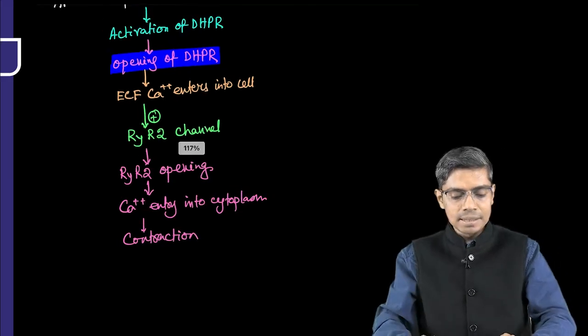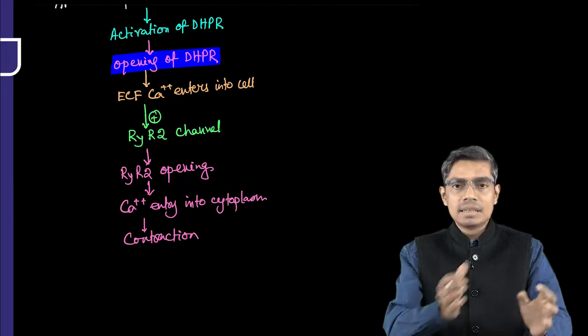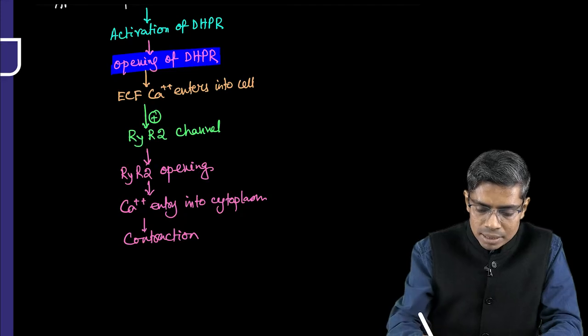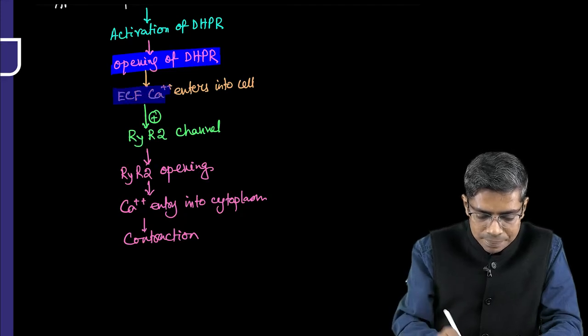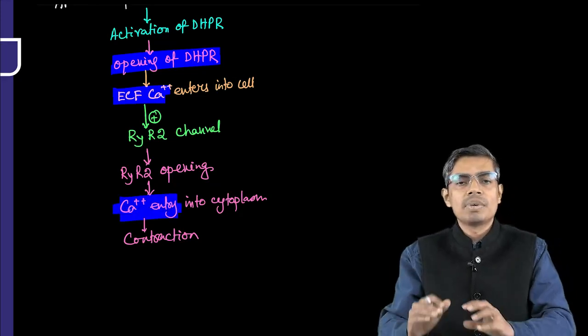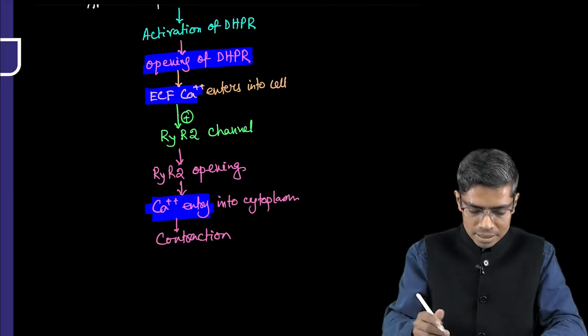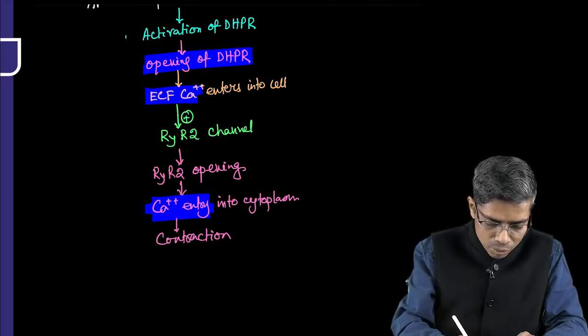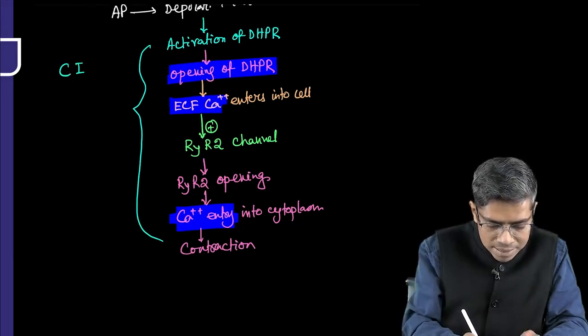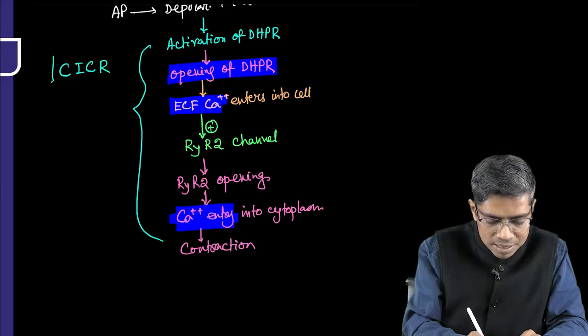So I can understand that this phenomenon is different from the skeletal muscle phenomenon. Here, extracellular calcium is stimulating the release of further calcium from the sarcoplasmic reticulum. This phenomenon is known as calcium induced calcium release in cardiac muscle.